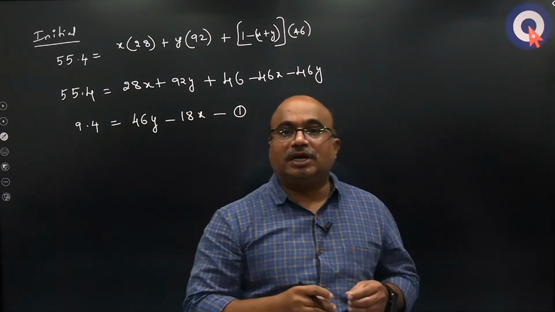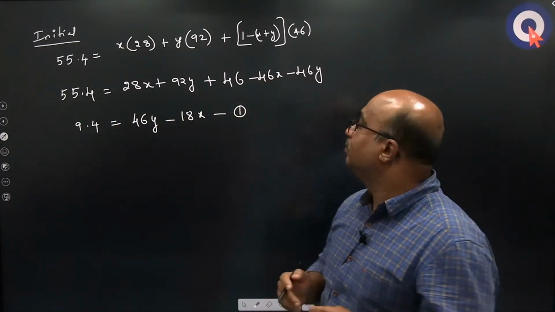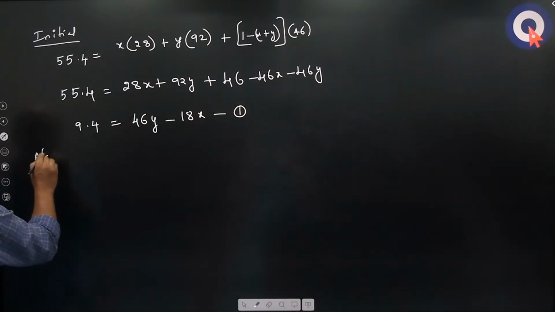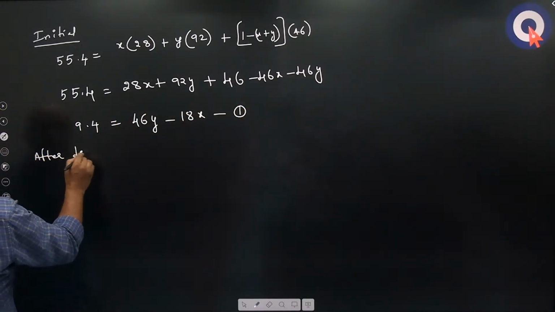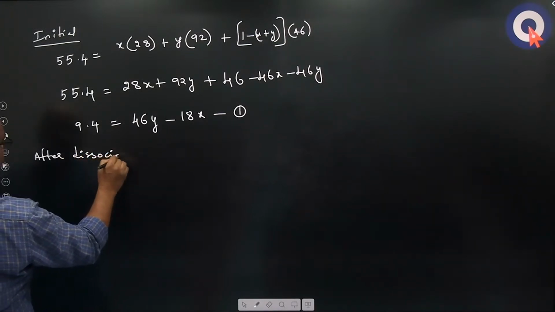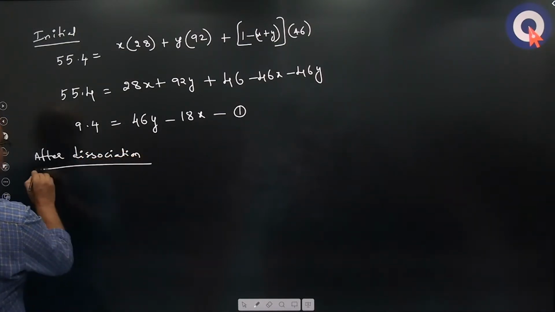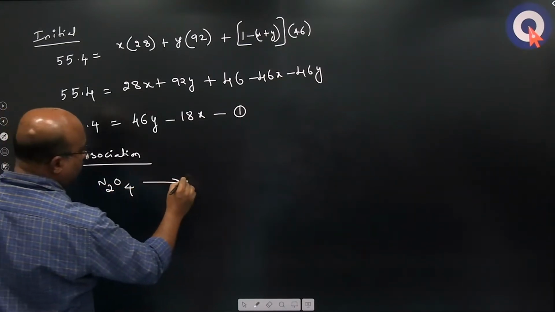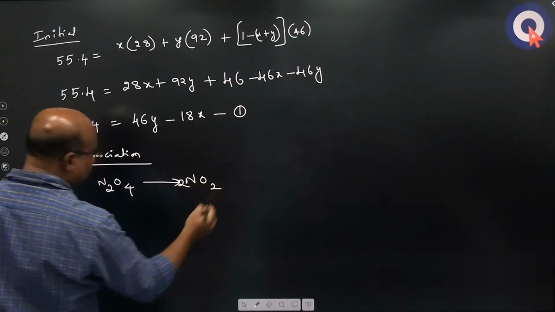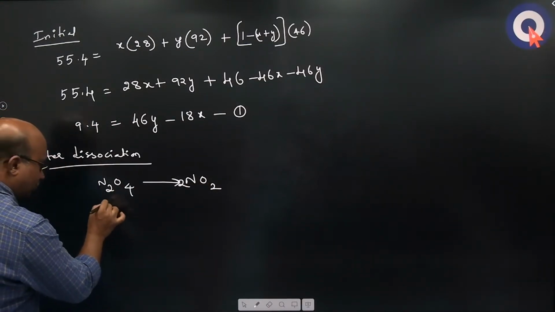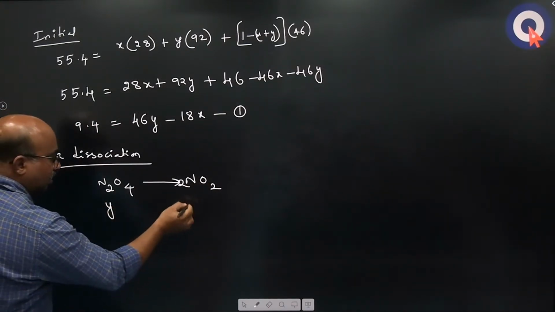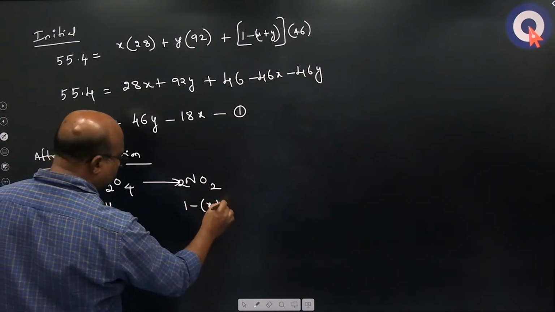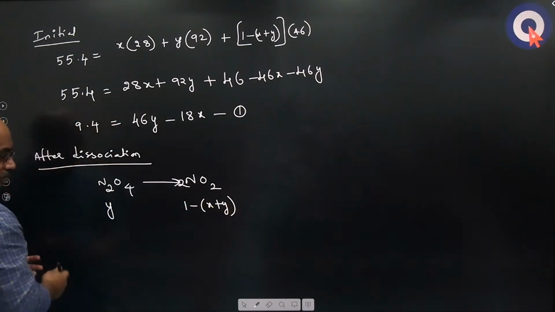Now let us take after dissociation, that is when N2O4 is completely converted into 2NO2. So we have Y moles of this. Initially these are already 1 minus X minus Y, that is already there.